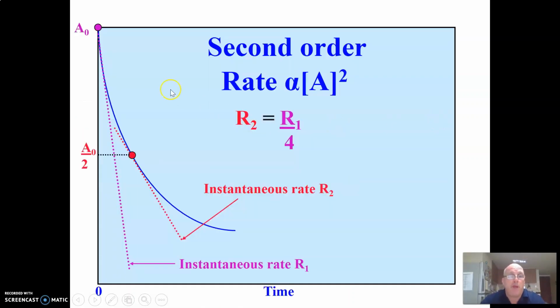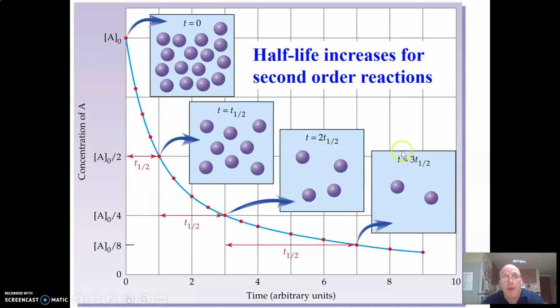Okay, and here we go. When the concentration is halved, the rate will go down to 1/4 of what it was. So the rate for this one here is going to be 1/4 of the rate that it is there. Okay, there we are. This rate here is a quarter of the first rate there. Okay, there we are. There's the same thing there.